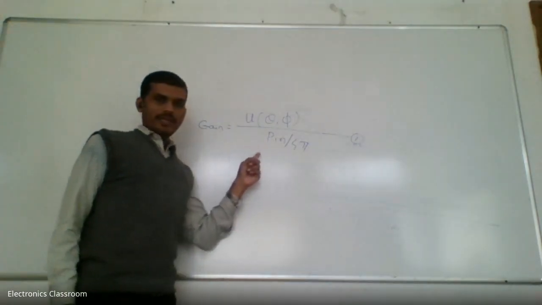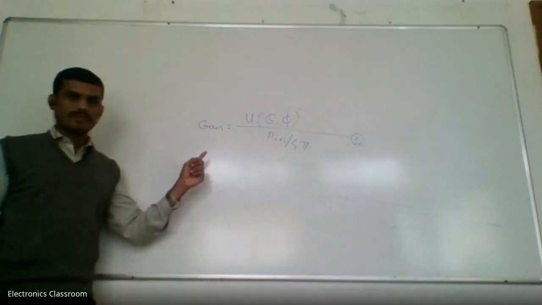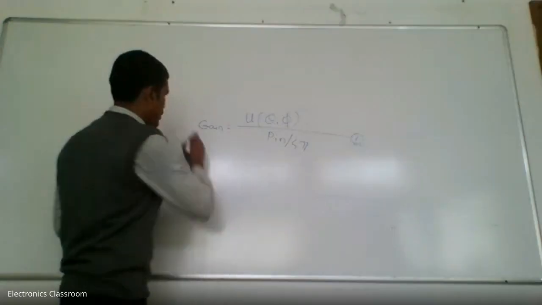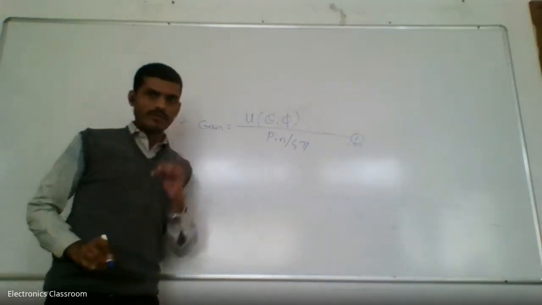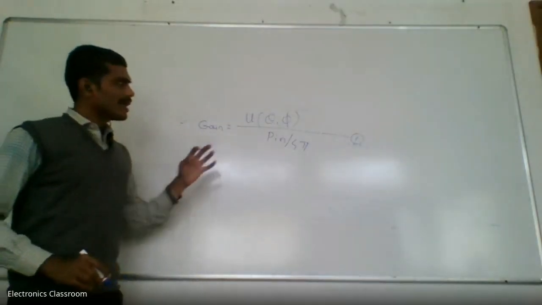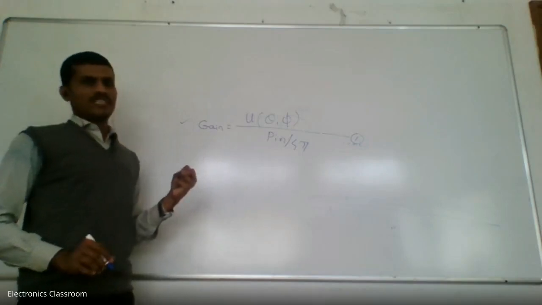How can we get this equation? Is that clear? So how can we solve this equation once again?